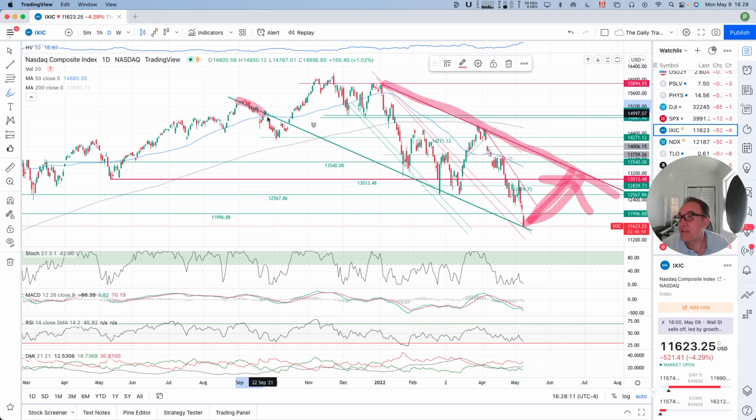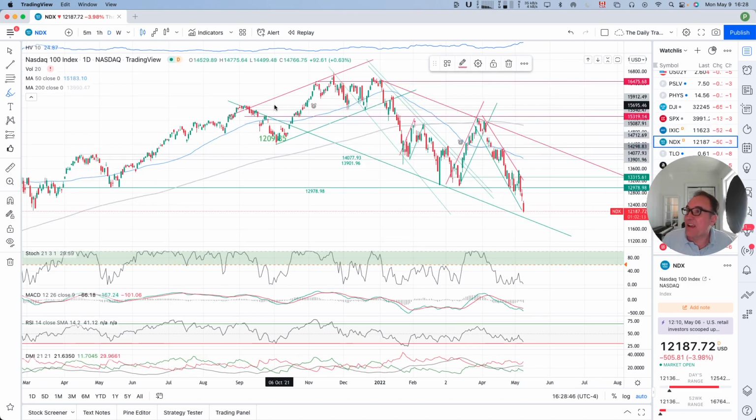So within a big downtrend, we can have smaller bull trends. Sometimes they are very small and sometimes they don't exist much. Sometimes it's just a sideways thing here. So it's possible to have a bullish thing here, but it's not guaranteed. It's never guaranteed. Let's look at Nasdaq 100.